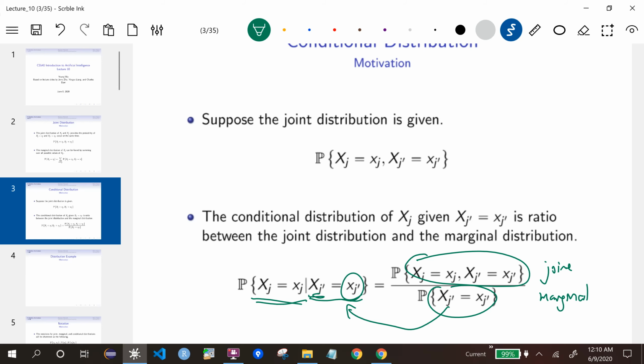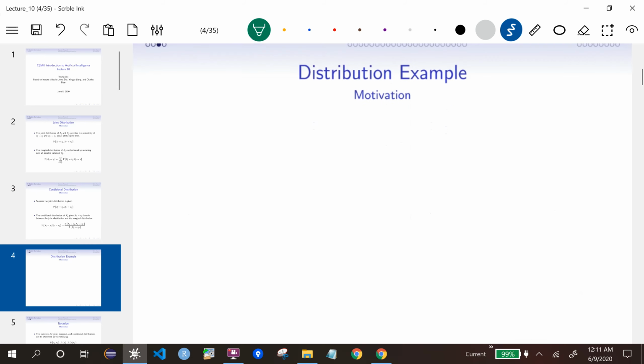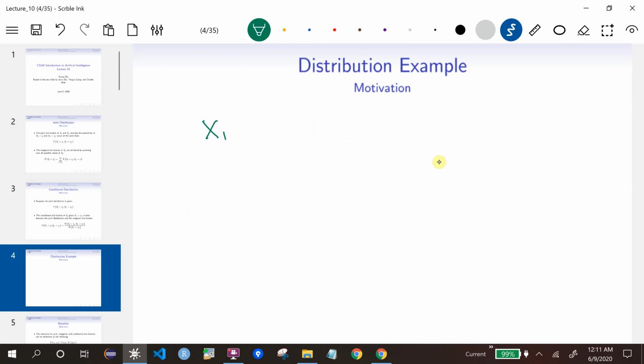Okay, so I think without a specific example, these things are hard to understand. So let me give you a very simple example. I will give you another example during the lecture, but let's have something very simple. First, let's suppose x1 takes on values 0 and 1, and 1 means if you flip a coin, it's heads, and 0 means it's tails.